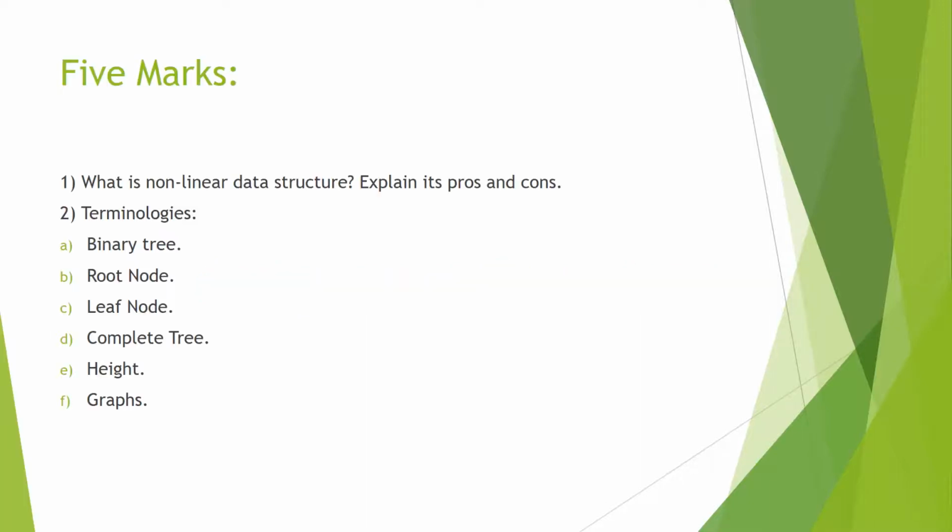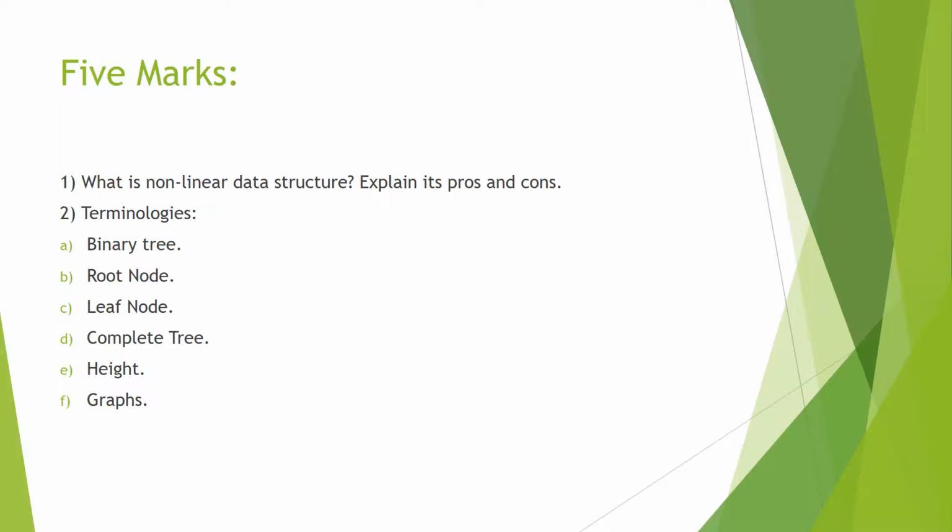We have assignment questions based on 5 marks. Let us see the questions. The first question is: what are non-linear data structures? Explain their pros and cons. The second question is terminologies.